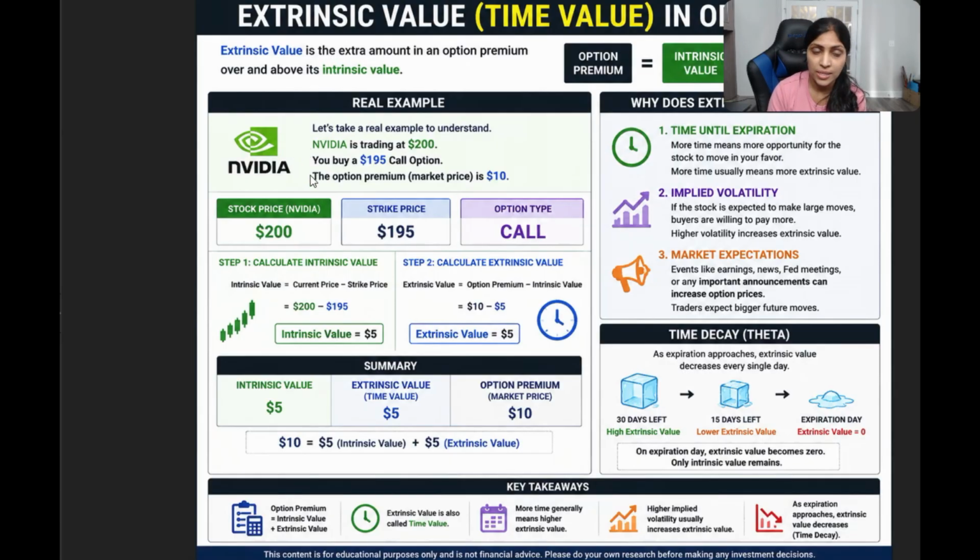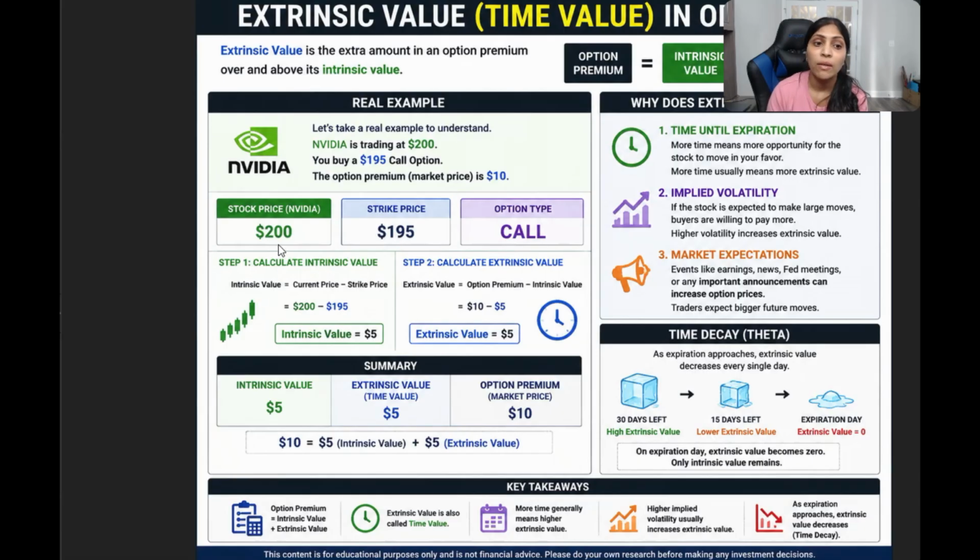If we take NVIDIA again, the stock price of NVIDIA is $200 and the strike we are going to take is 195, and it's a call option. When we calculate intrinsic value, remember we paid for this contract, imagine $10. Now we'll calculate both intrinsic and extrinsic values.